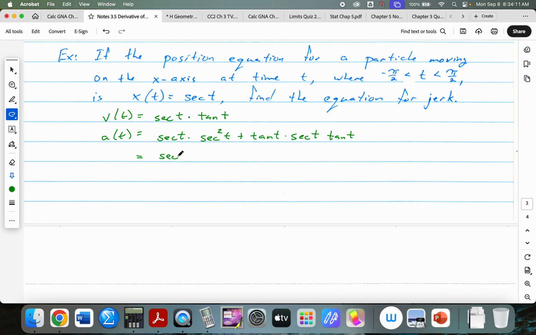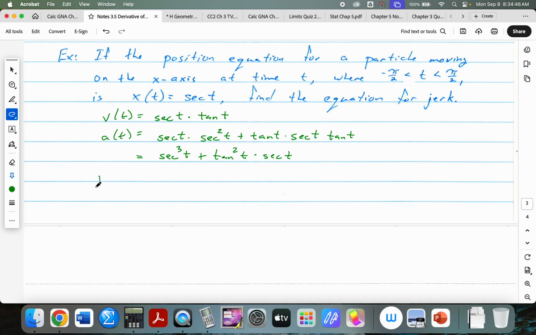So this is secant cubed of t plus tangent squared of t times secant of t. And now it gets really ugly because they want us to take the derivative of that again.